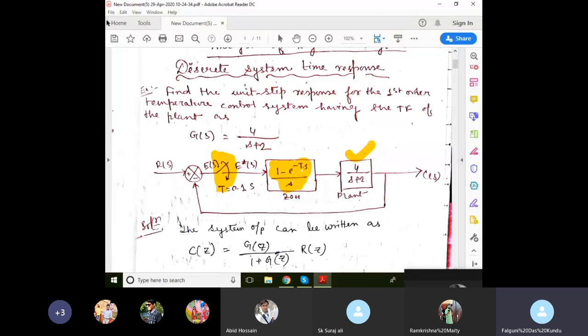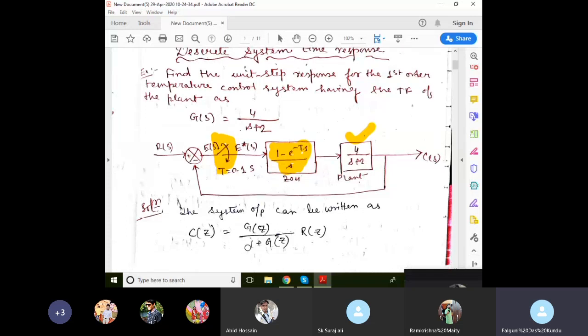We did this type of example in the previous class. So we can directly write the system output from the pulse transfer function: C(z) is equal to G(z) by 1 plus G(z) times R(z), as H(z) is 1.